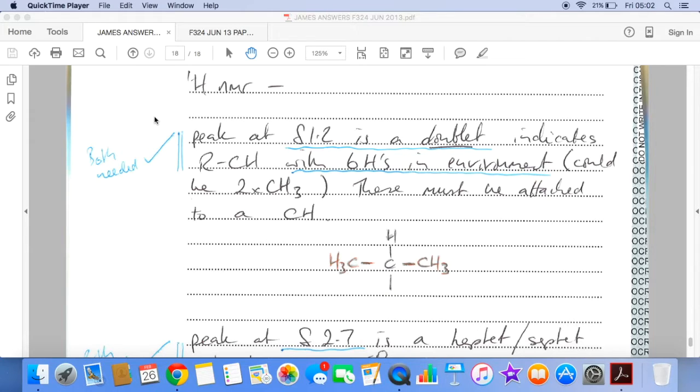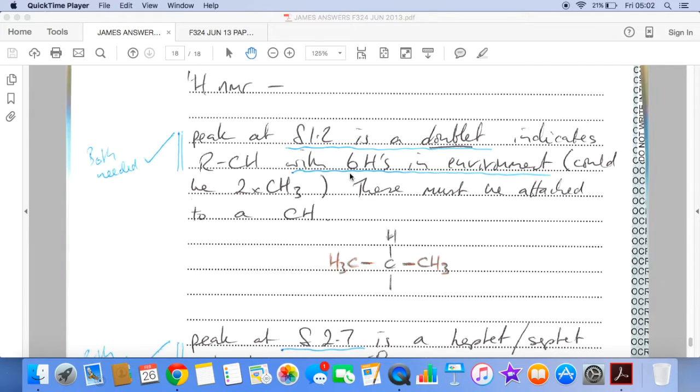Proton NMR, so I'm starting at the lowest ppm values, the lowest shift values. So that doublet at delta 1.2 indicates an RCH environment, and because the integration value is 6, that's telling us there are 6 protons in this environment.